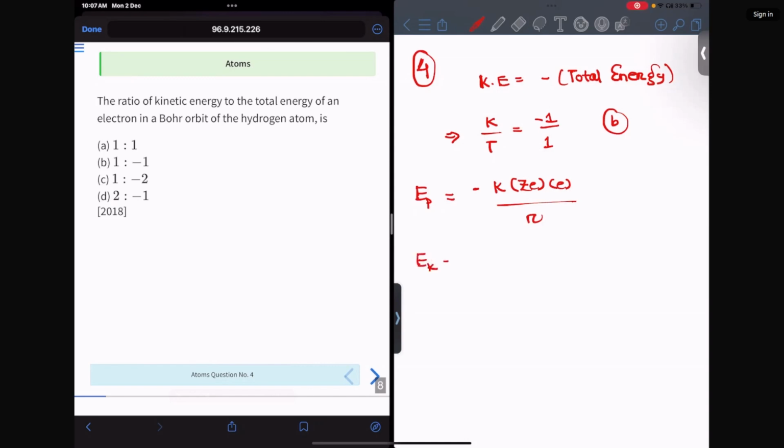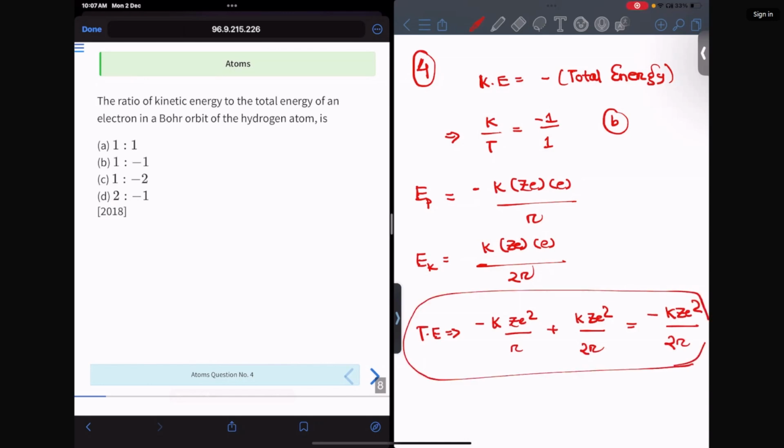Kinetic energy is equal to k z e into e upon 2r. So the total energy will be equal to minus k z square upon r plus k z square upon 2r, which is minus k z square upon 2r.